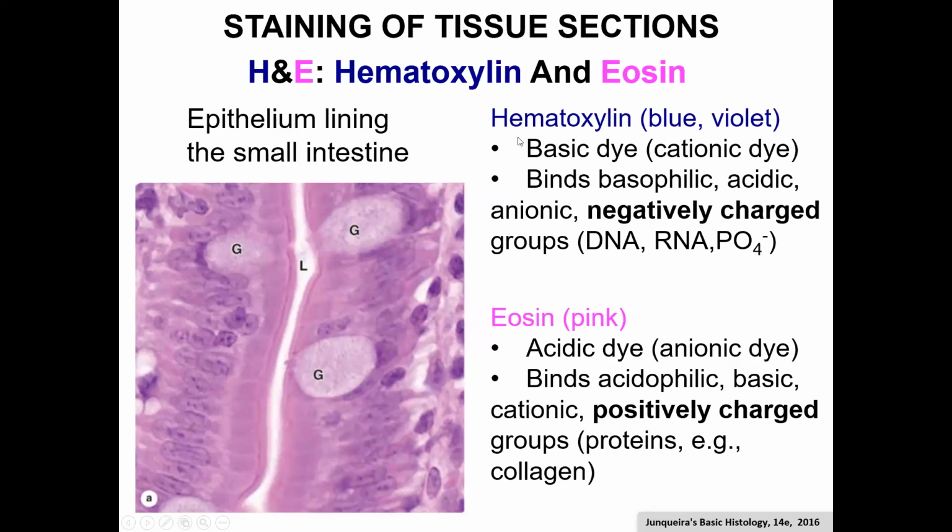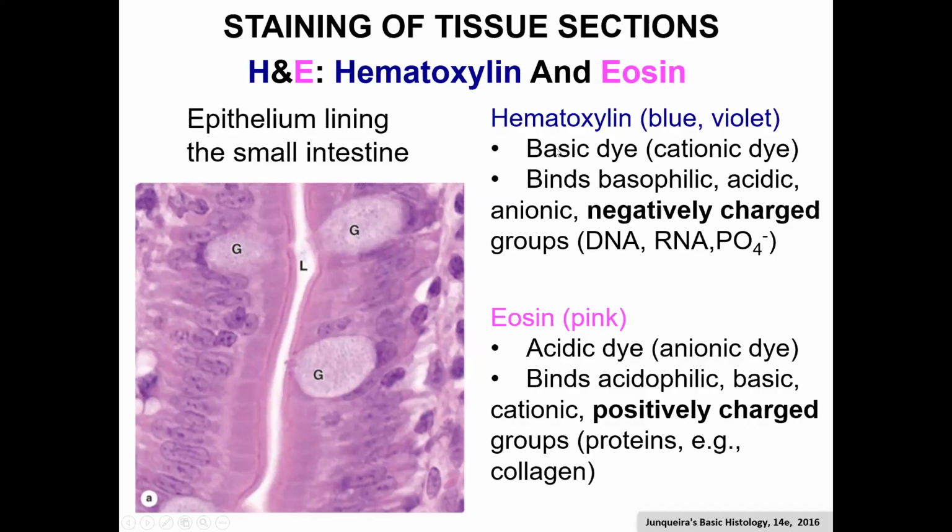It is a basic dye or cationic dye, and it binds basophilic, acidic, anionic, negatively charged groups that are present in DNA and RNA, the nucleic acids, which contain many phosphate groups, and also in phosphorylated proteins. In general, molecules and categories of molecules differ in their charges.